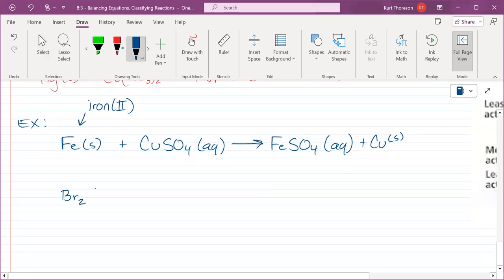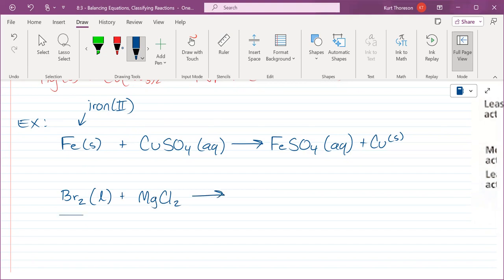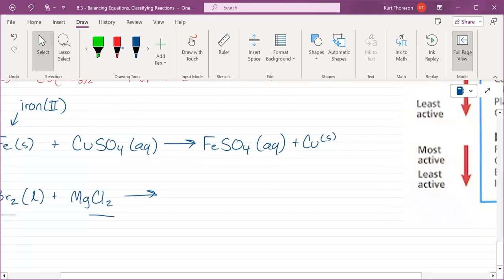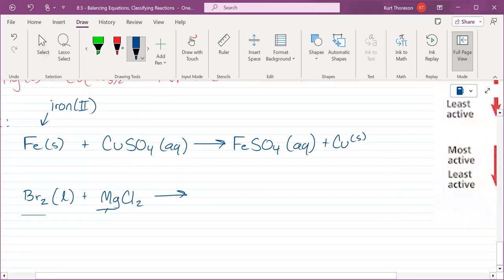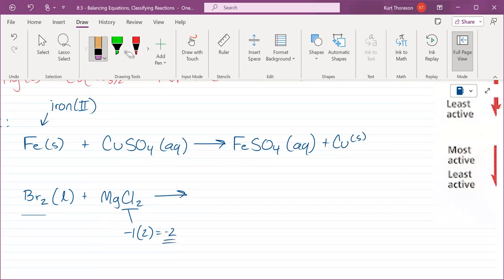Liquid bromine reacts with magnesium chloride. Now, you have bromine and you have chlorine. And by the way, magnesium has a positive 2 charge. Chlorine has a negative 1 charge, which is why you needed 2 of them to equal negative 2 to balance out.